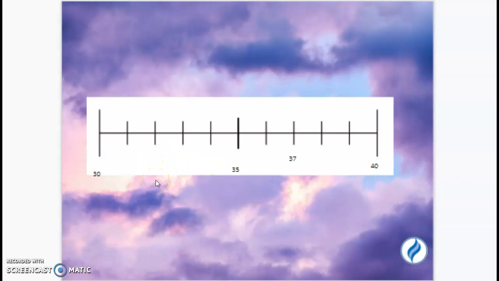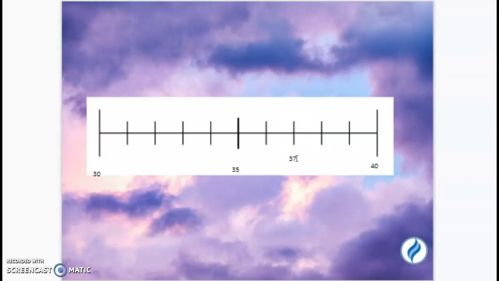Now my question is, what number is closer to 37? Is it going to be 30 or is it going to be 40? So if I'm looking at Maggie's, she said that 30 was about the cost of the shirt. But if I'm hopping, I see that Maggie is 7 away from the number that we need. And then if I look at Rob's, and I'm going to count backwards, 1, 2, 3, Rob is only 3 away from 37.